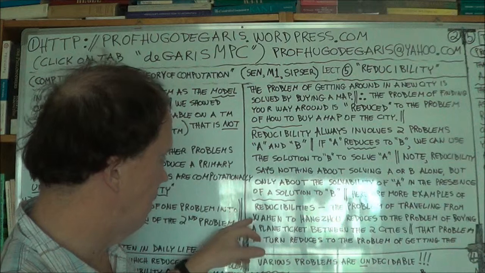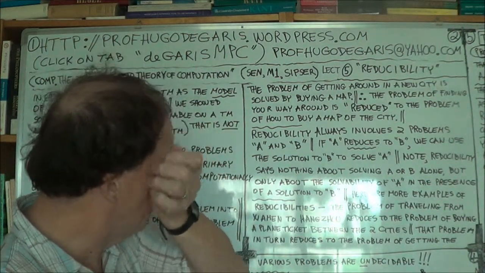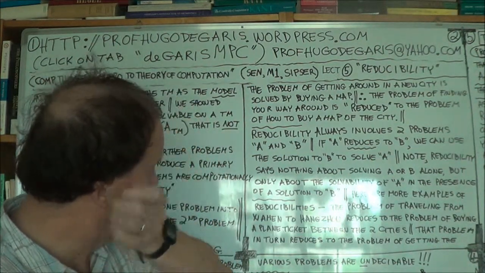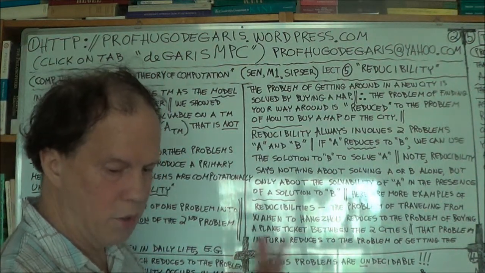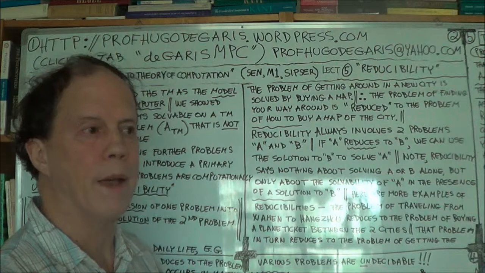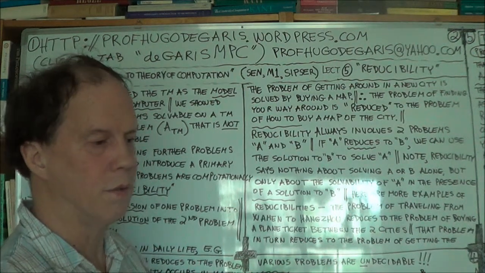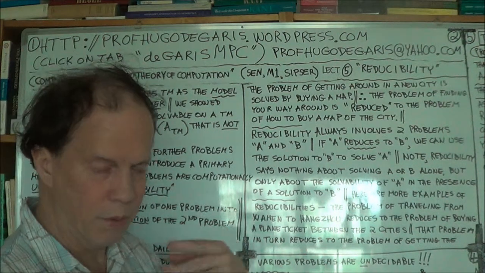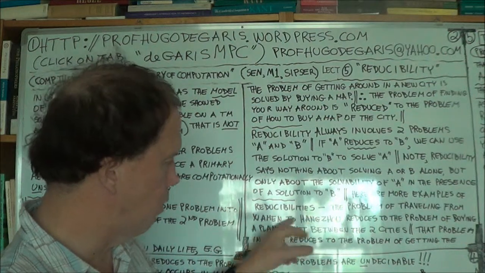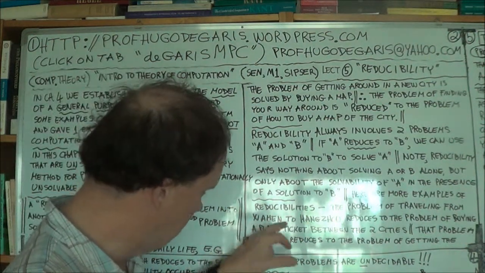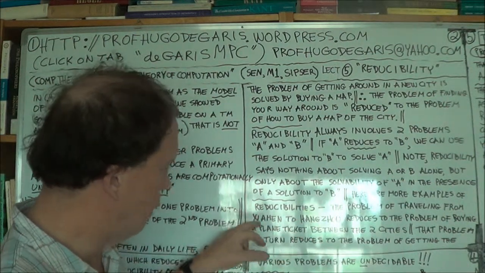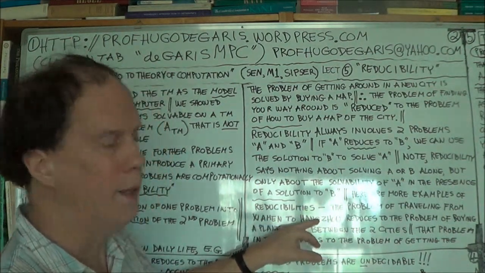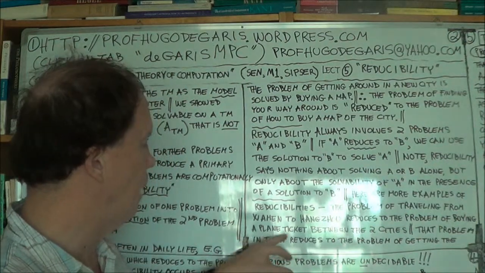Okay, so that's problem A. So how can you reduce that to some second problem B, whose solution that you know will help you solve your first problem, problem A, of how to get from Xiamen to Hangzhou? Well, that problem A reduces to the problem of buying a plane ticket.